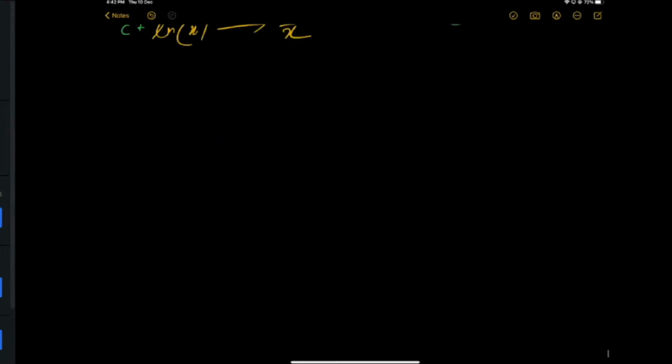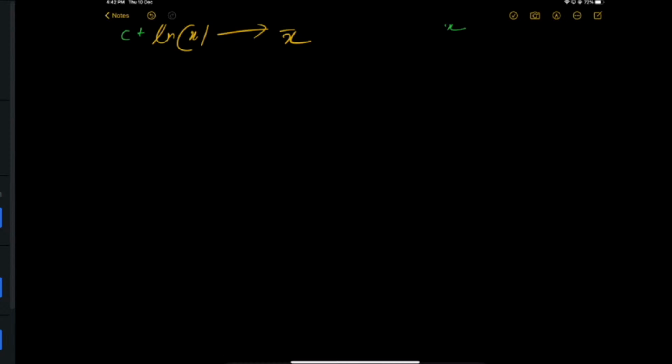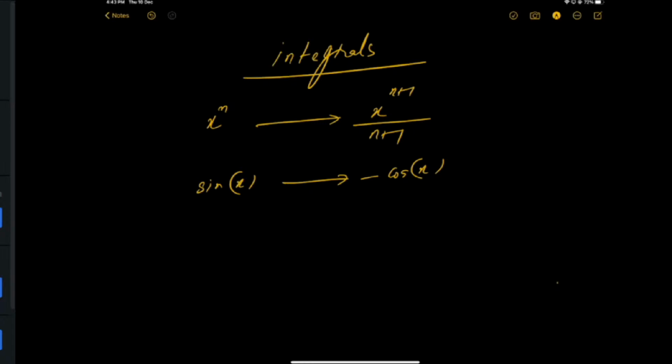And I'll write the integrals of important functions here. You have to remember them. So the integral of x power n is x power n plus 1 by n plus 1. The integral of sin x is minus cos x. Okay, not cos x, that was the derivative. The integral of cos x is sin x.